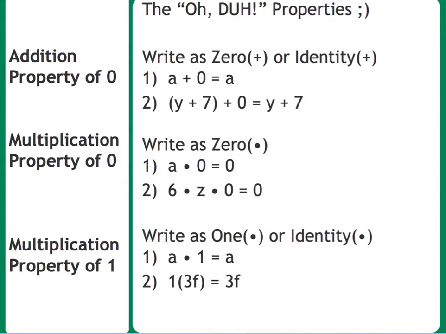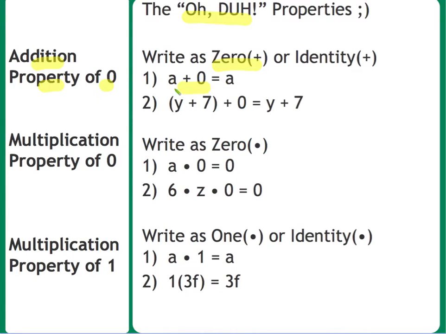Alright, next up we have what I call the ODA properties, because we already know these things. We give them these fancy names in algebra. So the first one is called the addition property of 0. When we identify it, we could just write it as 0 with the plus. All it says is, if we take something and we add 0 to it, we just get that thing again.